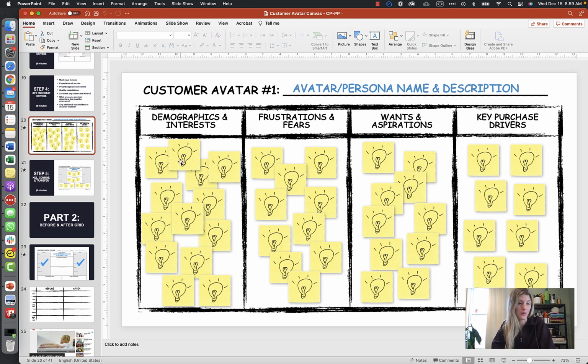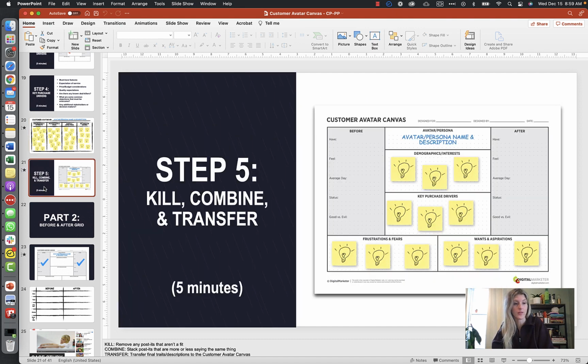If there are answers that are too similar, or if there's one answer here that's too similar to one answer here, combine those. And then transfer any that don't belong in one section. Maybe there's a frustration and fear that actually belongs in the wants and aspirations, so move that over. So step 5, kill, combine, and transfer. Just organize it and then make sure you put those in your document here under the sections.